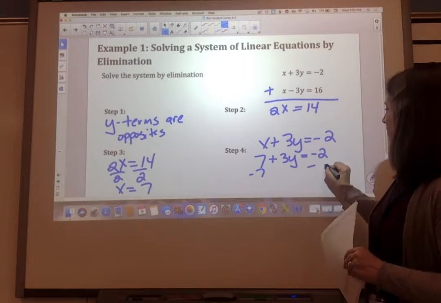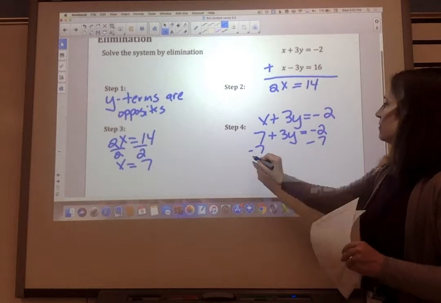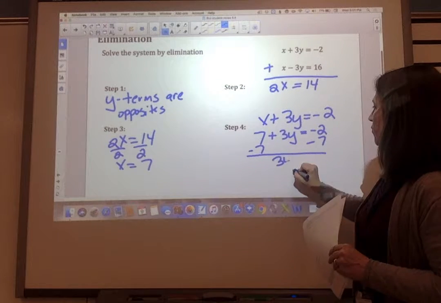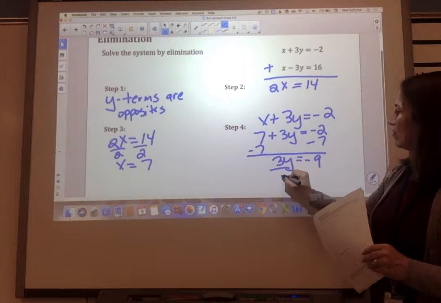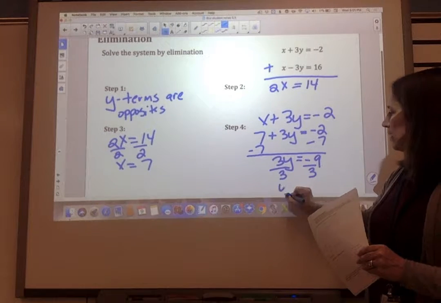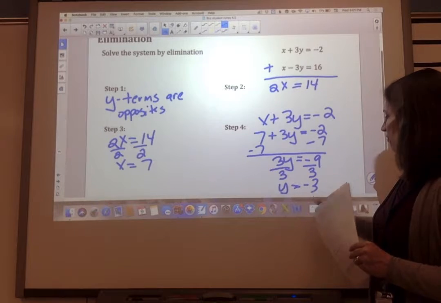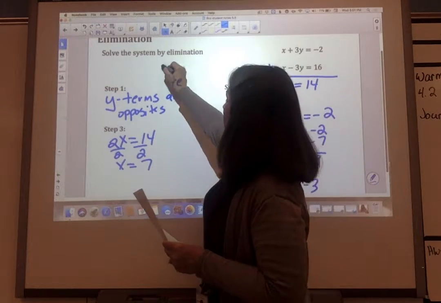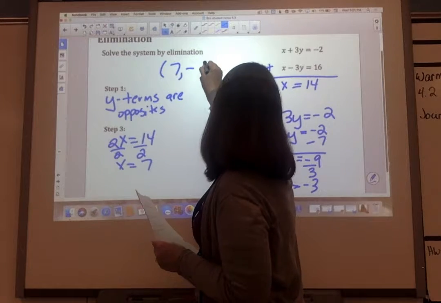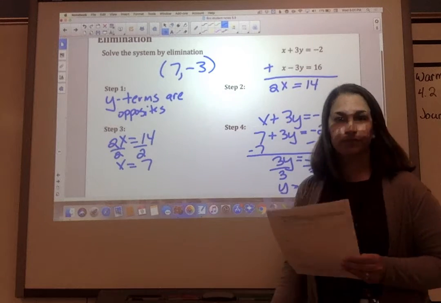We'll subtract 7 from both sides. And we get 3y equals negative 9. We'll divide by 3 and get y equals negative 3. So our solution here is 7, negative 3.